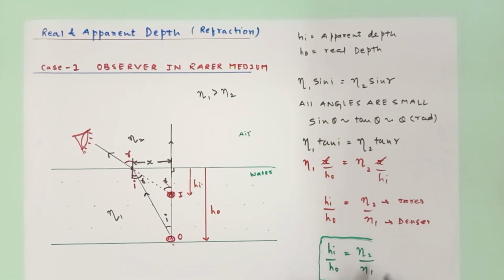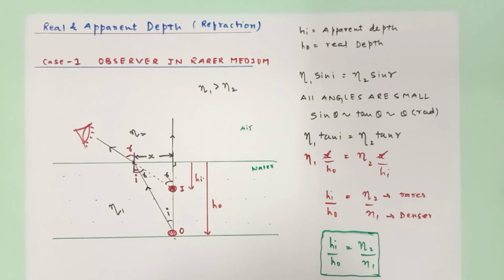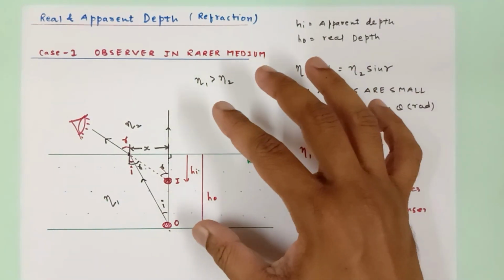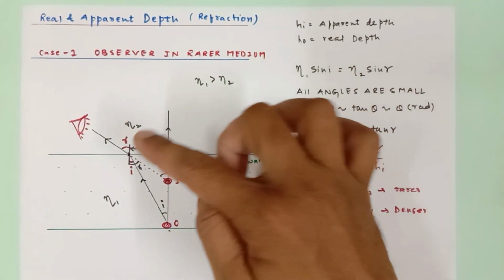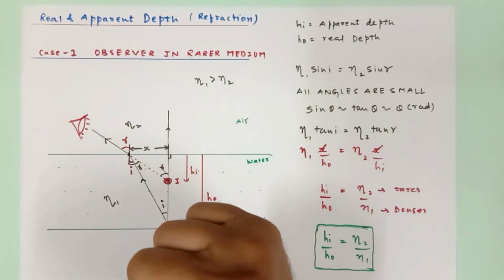Eta 2 is the medium in which we have the refracted ray and eta 1 is the medium in which we have the incident ray, right? And this is case 1, and I'll be continuing with case 2, where the object will be in the rarer medium and the observer will be in the denser medium.